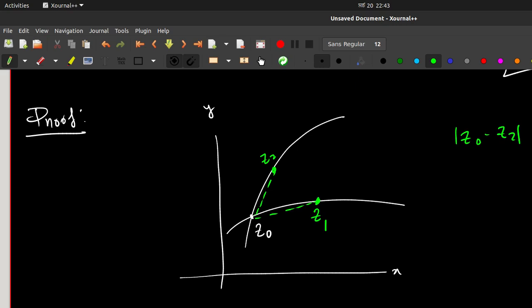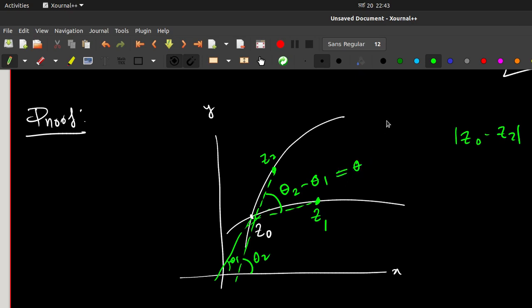Now we want to investigate what happens to the angle theta 2 minus theta 1. Why theta 2 minus theta 1? You can see that this is, let's say, theta 2, and even though this drawing is not very good, let's call this theta 1. These are the arguments of the two differentiable arcs, and we want to see what happens to the angle between them, so let's call it theta.